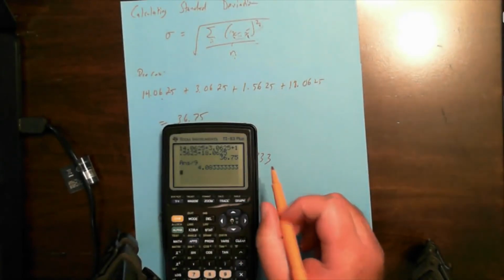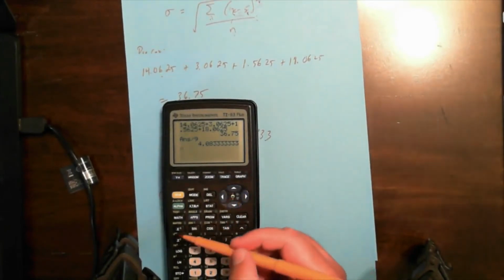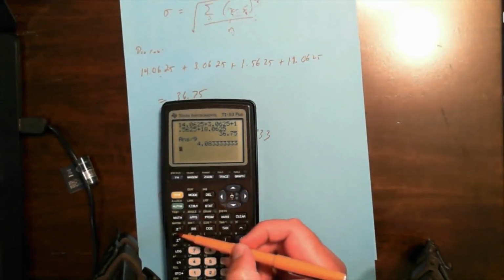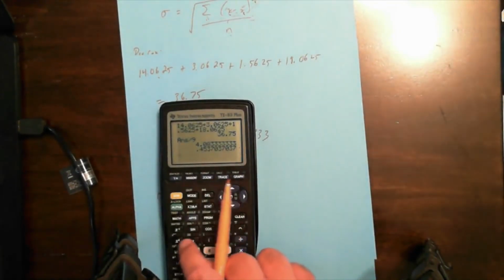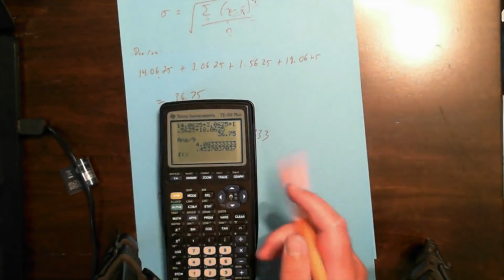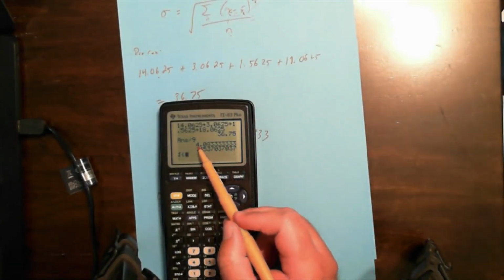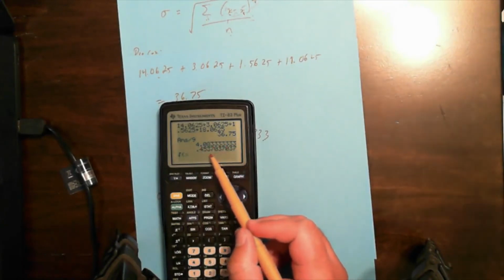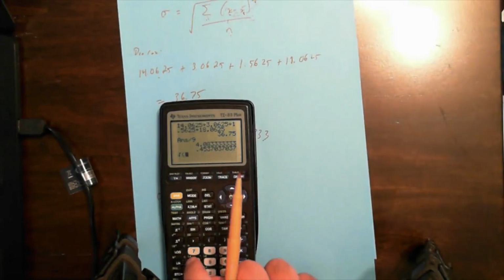So now you notice how I've got this 4.08333 left in my calculator. I'm just going to take the square root of it. So depending on where your square root sign is, mine is right here. If you can see that, it's in yellow. So I hit my second function button. I've hit find the square root. So now I have two options. I could write this number in right here. It looks like I divided by 9 one too many times, so I'll just type in this number.